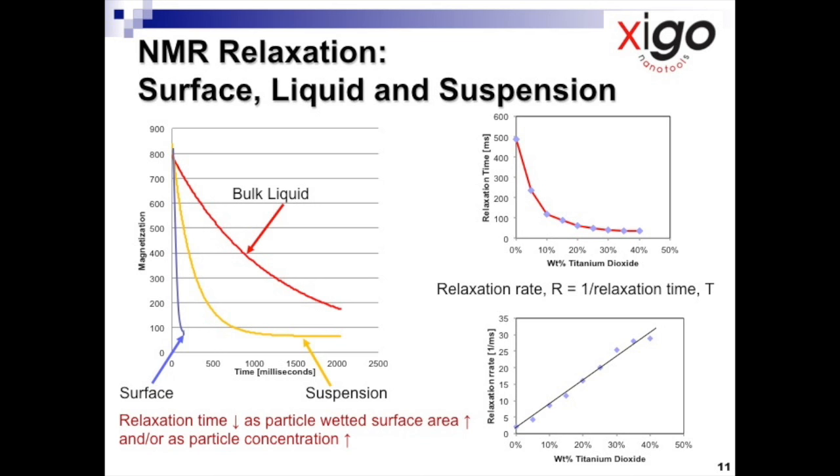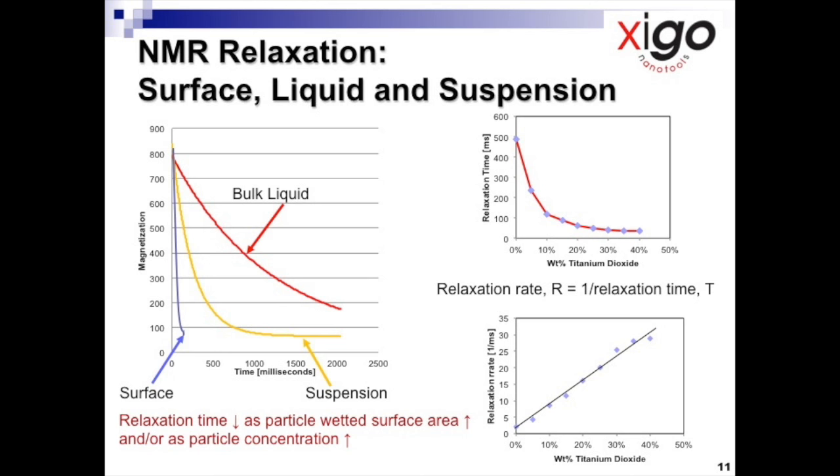Since the solid surface relaxation rate is so fast, it does not take much surface associated liquid to produce a significant shift in the relaxation rate of a suspension compared with that for the bulk liquid. The upper graph on the right shows how the relaxation time decreases as the particle concentration and hence total wetted surface area in a suspension increases.